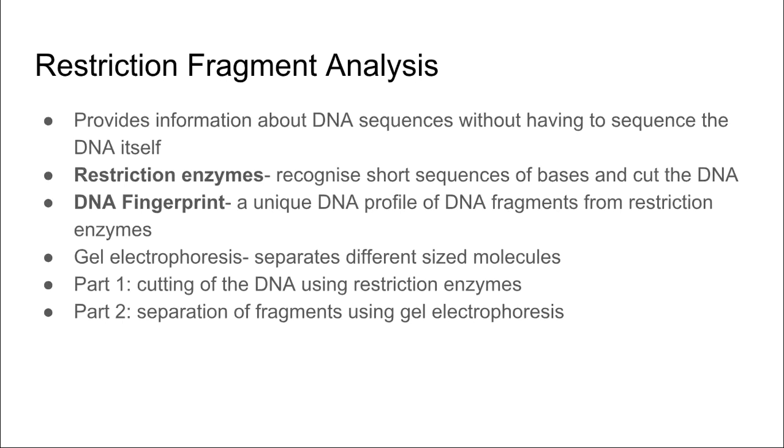These then undergo gel electrophoresis, a process that allows different size molecules to separate within an agarose gel. So part 1 of this technology is to cut the DNA using restriction enzymes, and then to separate these fragments using gel electrophoresis.